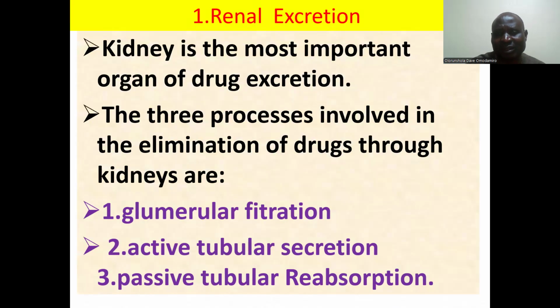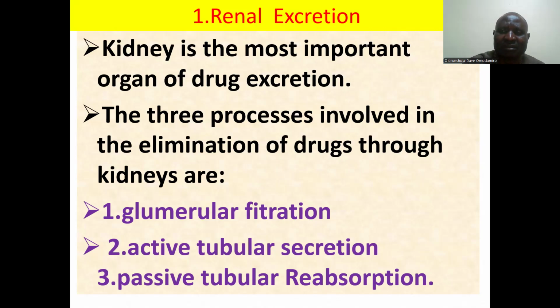For this reason, we will pay sufficient attention to renal excretion, even though before the end of the lecture we take some information about other organs of excretion. As I've said earlier, the kidney is the major and most important organ of drug excretion.